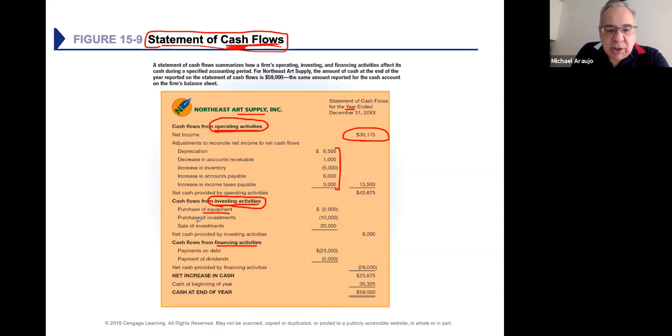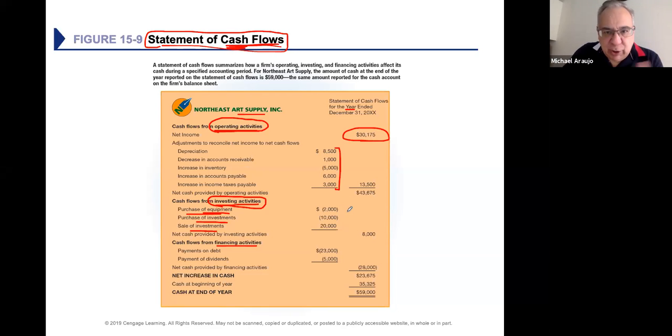Companies can also use cash to buy things like investments of other sorts. They can also sell investments to get cash. Now, it's interesting that they show these negative numbers here, really not negative. They actually just show the use of cash. So when a company buys equipment, it's going to use cash.